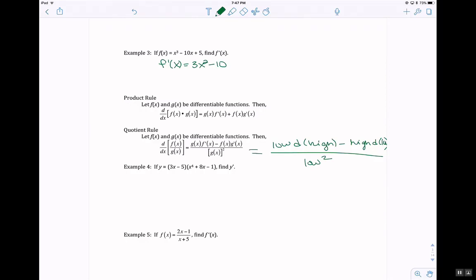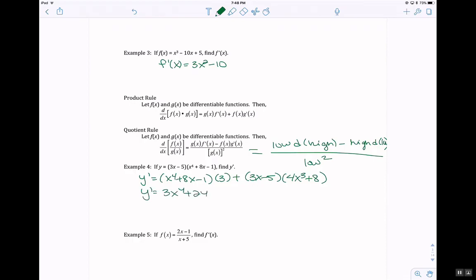So y prime is equal to x to the 4th plus 8x minus 1 times 3 plus 3x minus 5 times 4x cubed plus 8. And so I can distribute this out. So y prime is 3x to the 4th plus 24x minus 3.